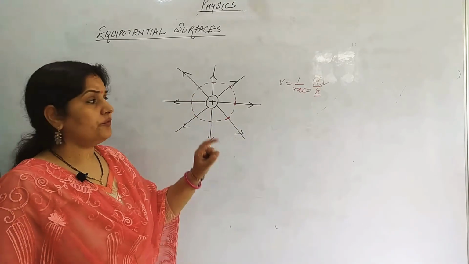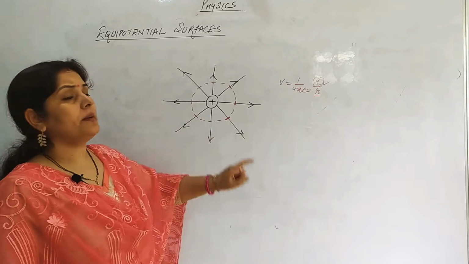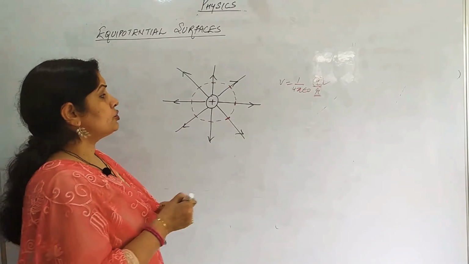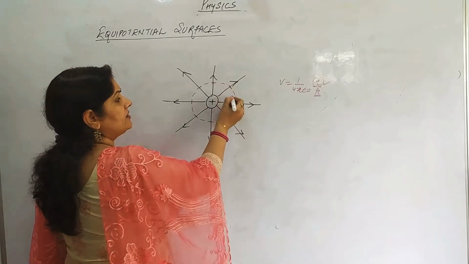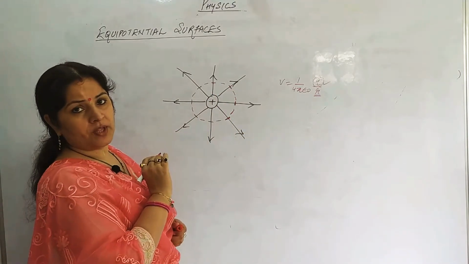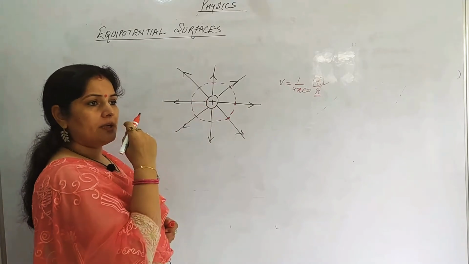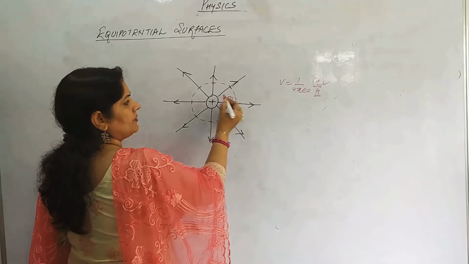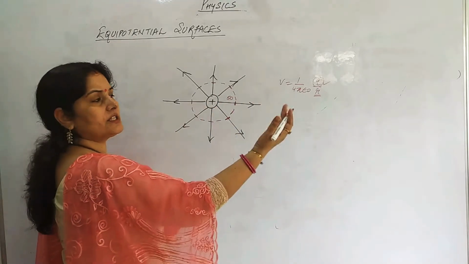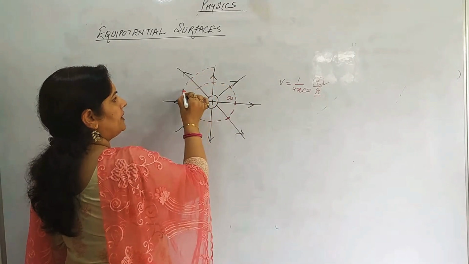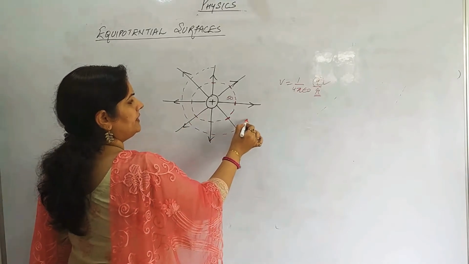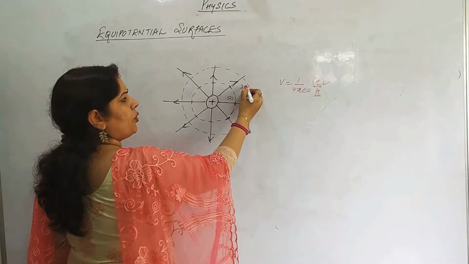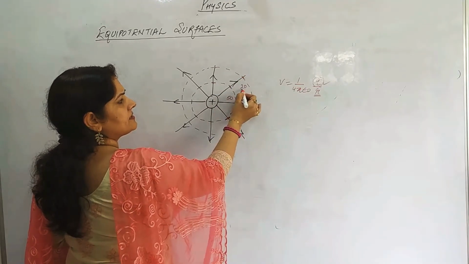So any surface at which the potential is the same is termed as the equipotential surface, right? So what is this red dotted line? This is the equipotential surface. At a distance of 5 centimeters, suppose the potential is 50 volts. I take a larger distance, I calculate potential at a distance of 10, then I will find that the potential at every point at that larger distance is 20.